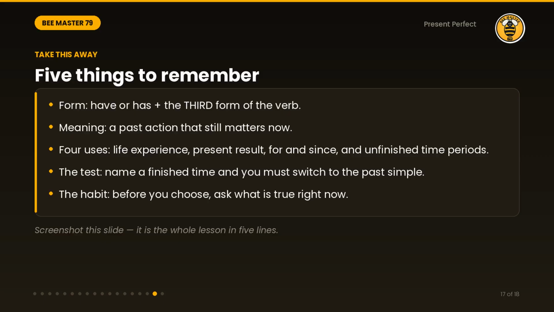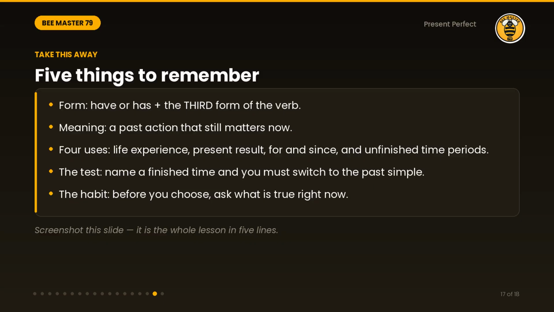Let's pull it together. 5 things to take away. 1. The form: have or has plus the third form of the verb. 2. The meaning: a past action that still matters now. 3. The 4 uses: life experience, a present result, for and since, and unfinished time periods. 4.